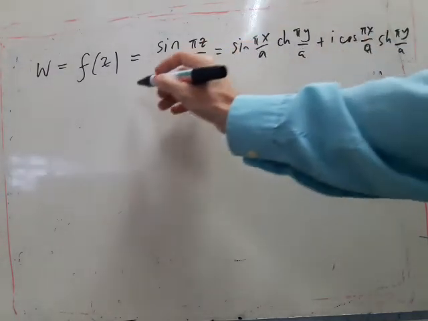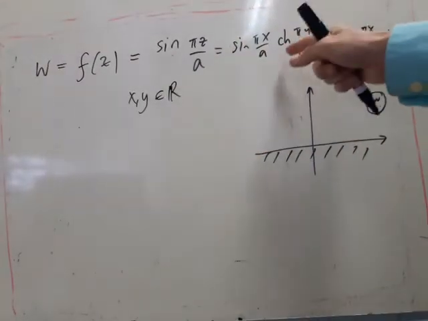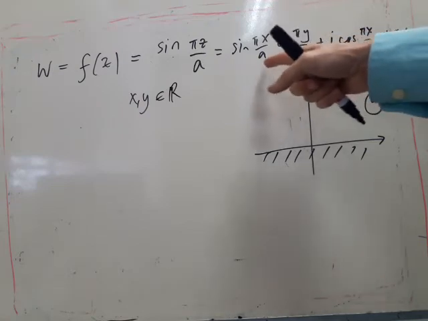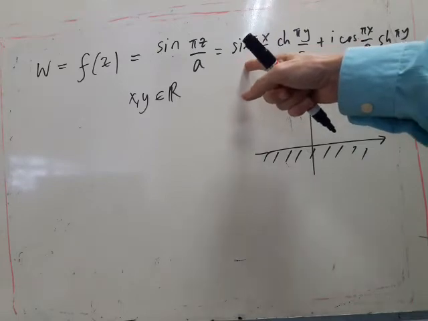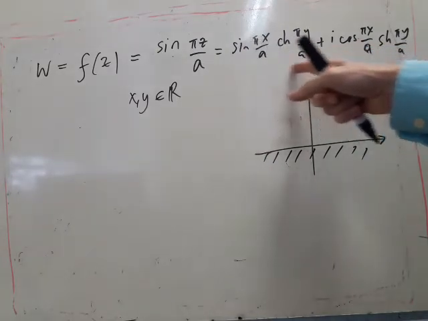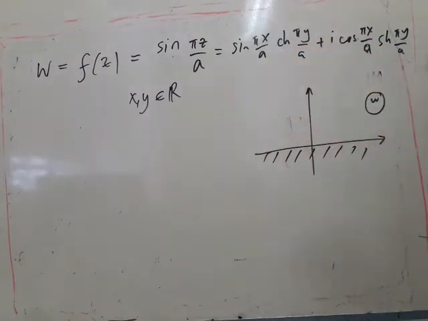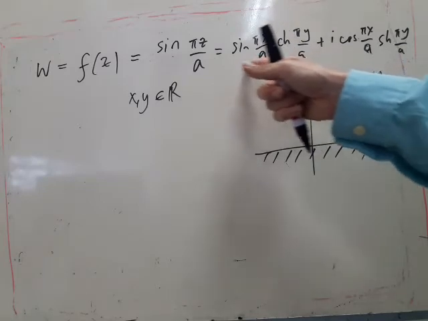X and y obviously are real numbers, we have to bear that in mind. If y is real, then this is always positive. So to get all possible values of the real part, we need this to be of either sign.